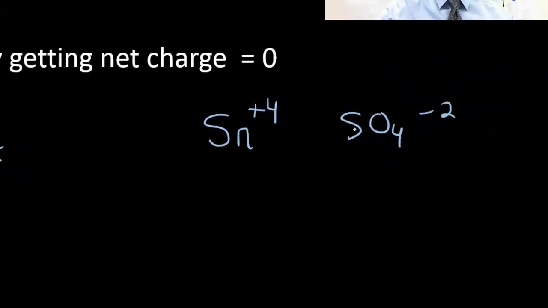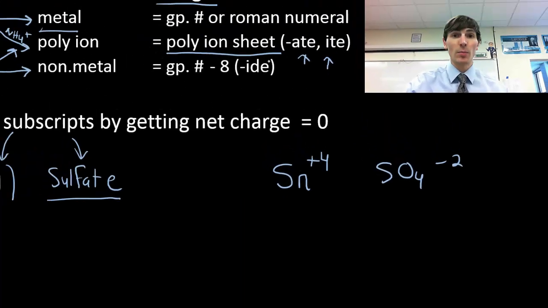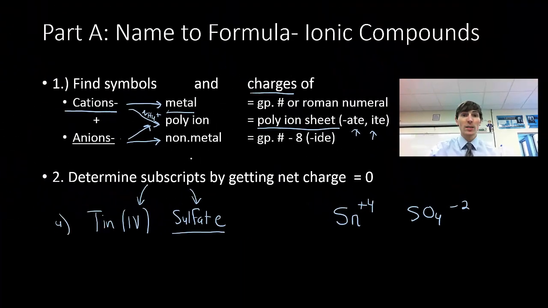I've named it, I've given the symbols, I've given the charges. Now we need to figure out how many of each of these we need. We need to determine the subscripts by getting a net charge of 0. What do I mean by this?